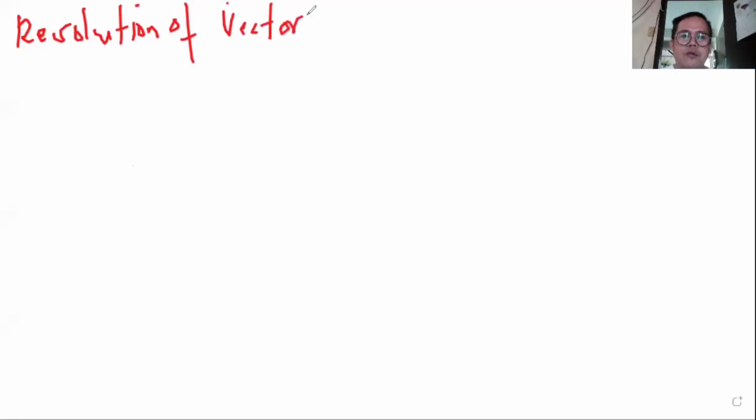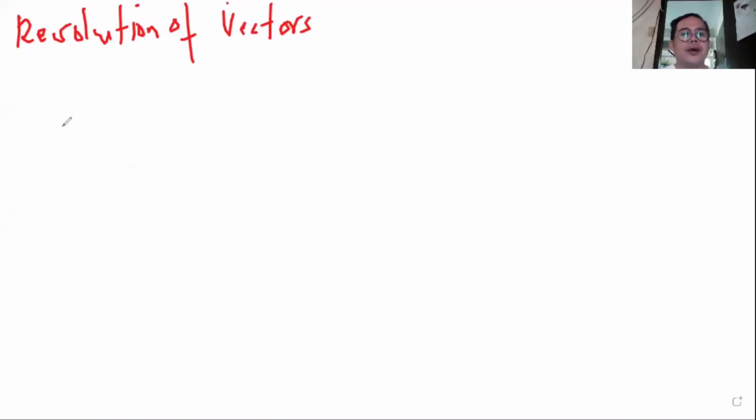So now let's proceed with the next topic, which is called the resolution of vectors. Once we talk about resolution, the root word is solution. So it means that we are going to resolve it again, or to solve it again, since it has the prefix re.